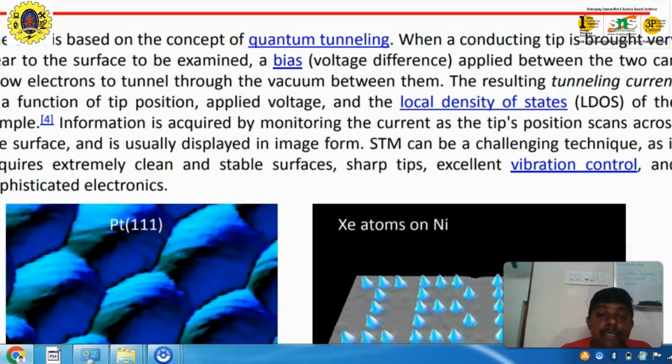The resulting tunneling current is a function of the tip position, the applied voltage and the local density of states, which can be represented by LDOS. Information is acquired by monitoring the current as the tip scans across the surface, and it usually depends on excellent vibration control and the sophisticated electronics that have been used over the years.